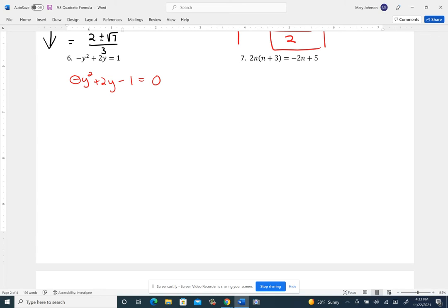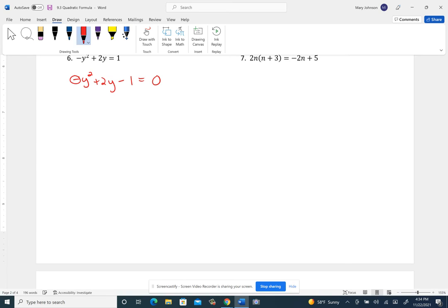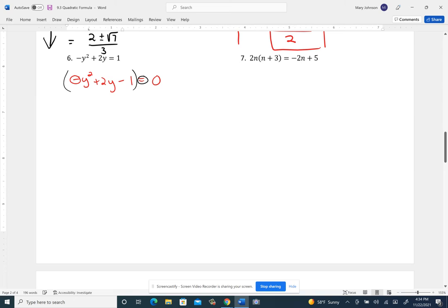So I would highly recommend that you just change the signs because you have an equation, so you can multiply both sides by -1, which makes that y squared minus 2y plus 1 equals, and -1 times 0 is still 0. So you can change the sign, and that doesn't really affect the answers you get.